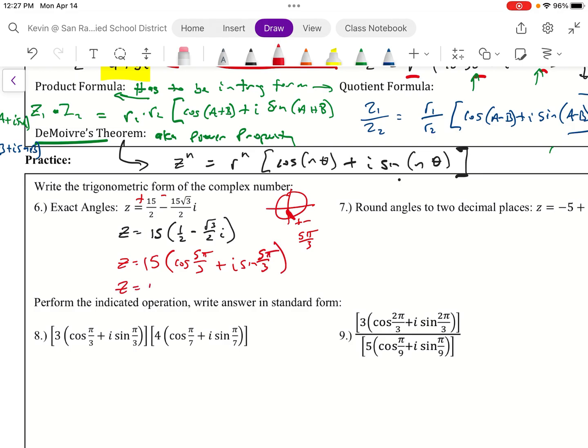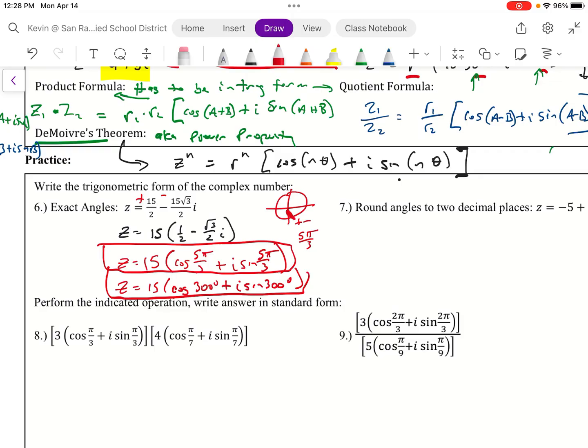Just because it's minus, that just tells us that it's 5 pi over 3. Or you could do z equals 15, maybe we want it in degrees instead of radians. Well, that would be 300 degrees, right? So this would be cosine 300 degrees plus i sine of 300 degrees. Either one of these is correct. It didn't tell us it had to be in degrees or radians, so both are okay.